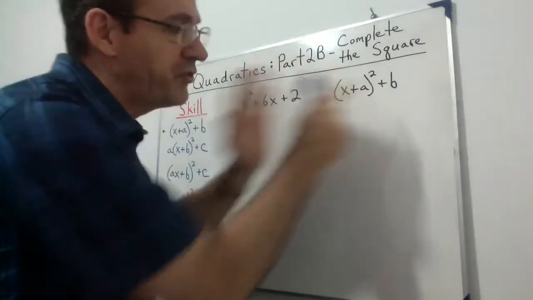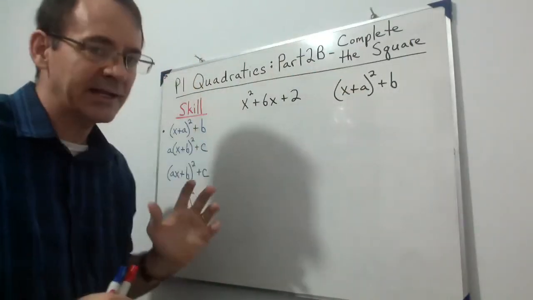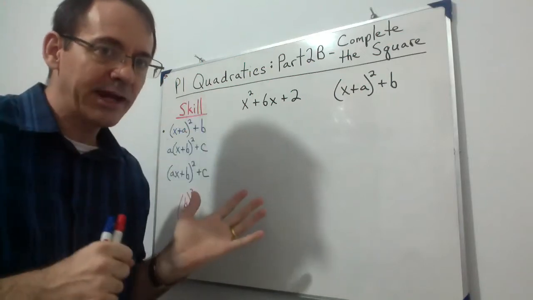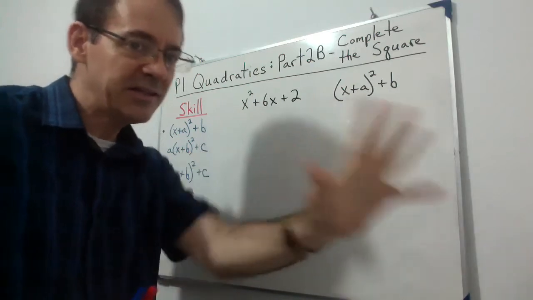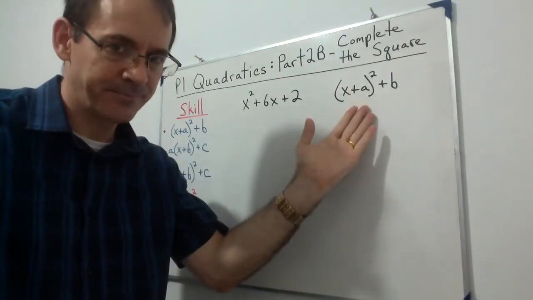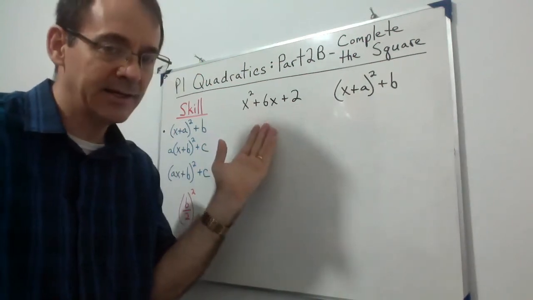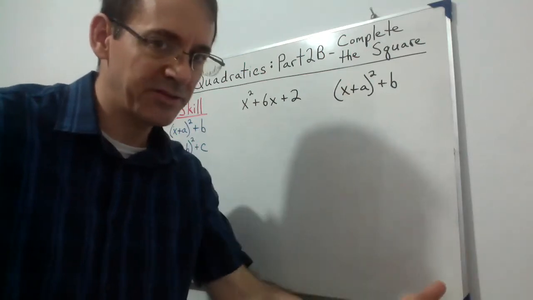And so when you see that, you automatically know it's complete the square. So for quadratics, it's kind of a no-brainer. It's set up as complete the square. When you get into the applications, they're not going to show you this. You will have a quadratic, but they're not going to tell you that you need to complete the square.